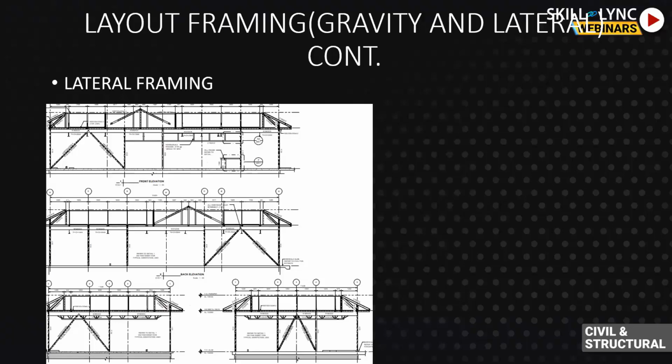Now continuing on the layout of framing, the next point is the lateral part of it, lateral framing. When I said differentiate between gravity and lateral, I'm trying to show here some of the elevations, wherein I hope you guys could see these bracings, these inverted K bracings, or V bracing, whatever name you want to give it.